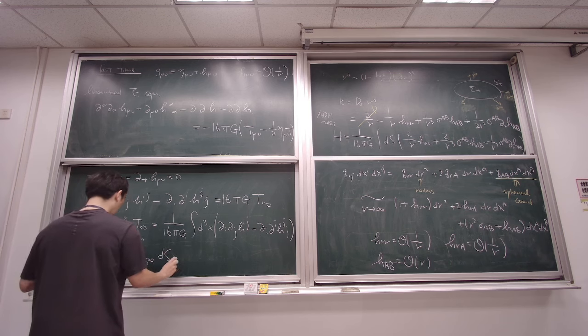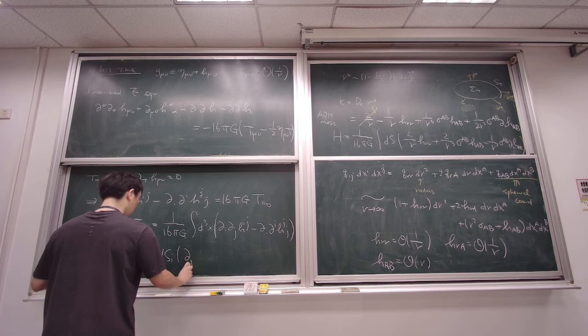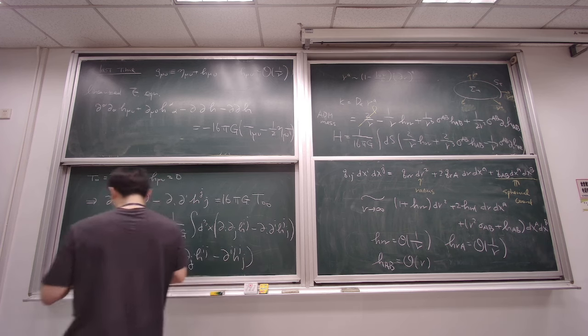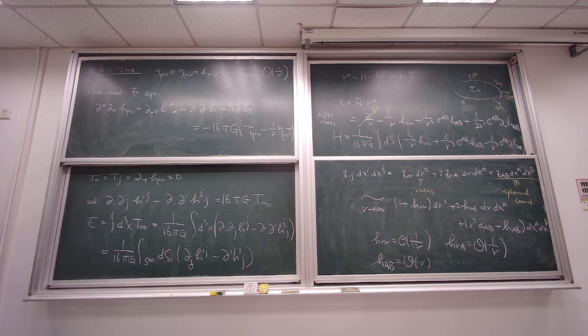So by integration by parts, we get it this way: h_ij minus del_i h_jj. Okay, like this way. So that's what we did.